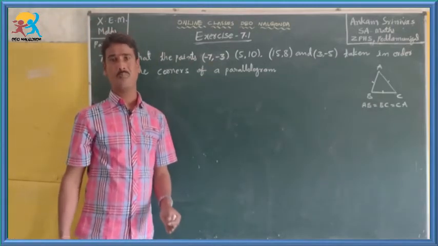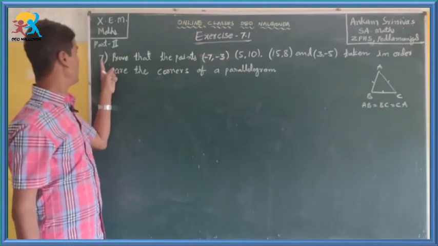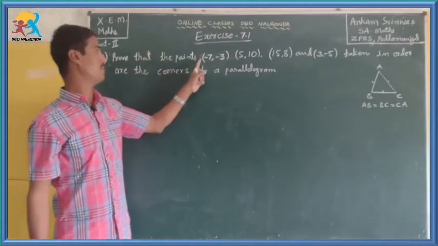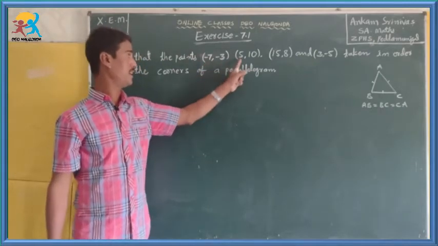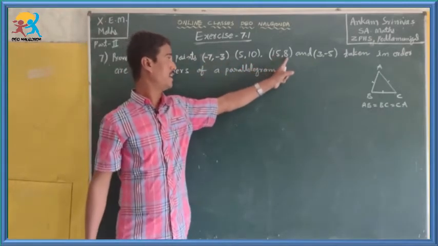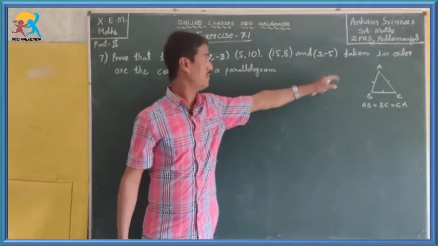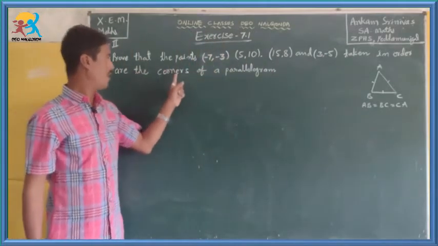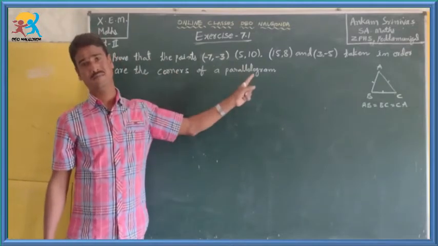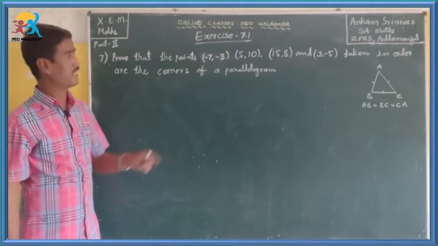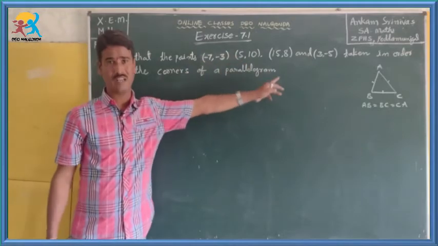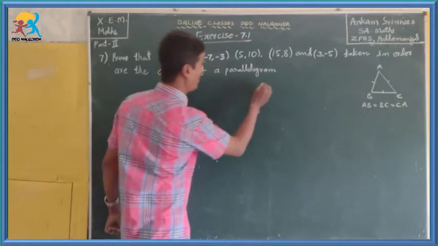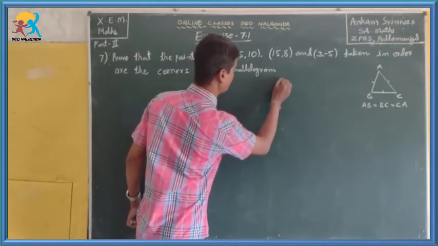Now let us see quadrilaterals. In quadrilaterals, given problem number 7 in exercise 7.1: prove that the points minus 7 comma minus 3, 5 comma 10, 15 comma 8, 3 comma minus 5 taken in order are the corners of a parallelogram. What you have to prove? Given vertices in order form a parallelogram. Now you draw one parallelogram.